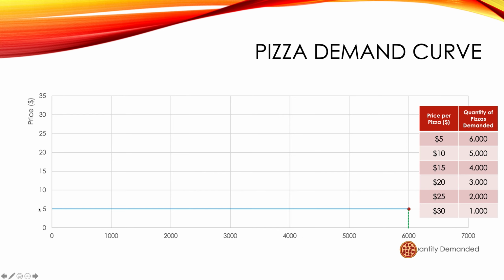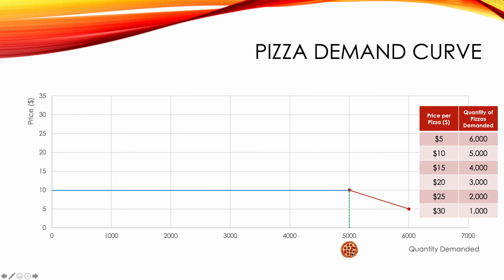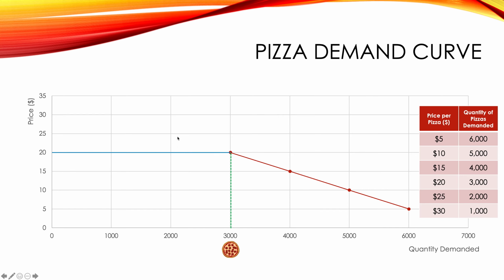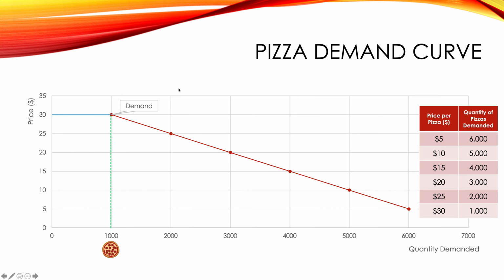At a price of $5 per pizza, the quantity demanded is 6,000. If the price were to rise to $10 per pizza, the quantity demanded is now only 5,000. And as the price gets higher and higher, we see the quantity demanded get lower and lower. And if we keep going, this is going to allow us to create what's called a demand curve.